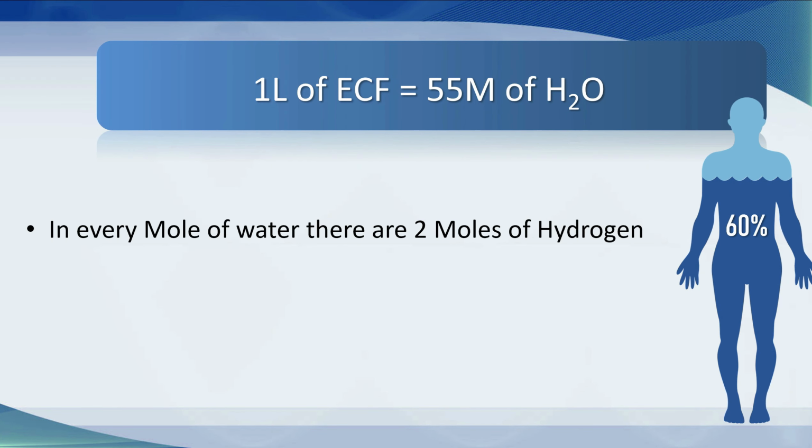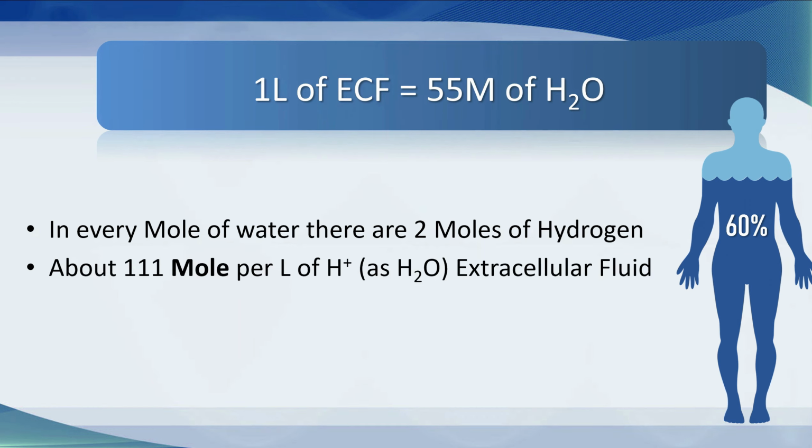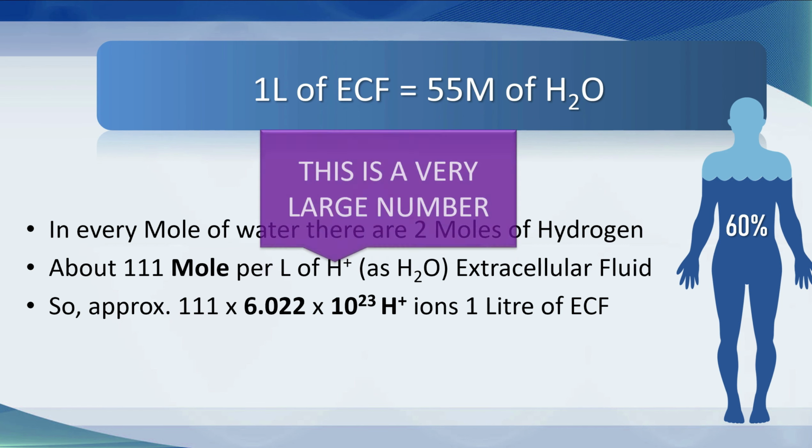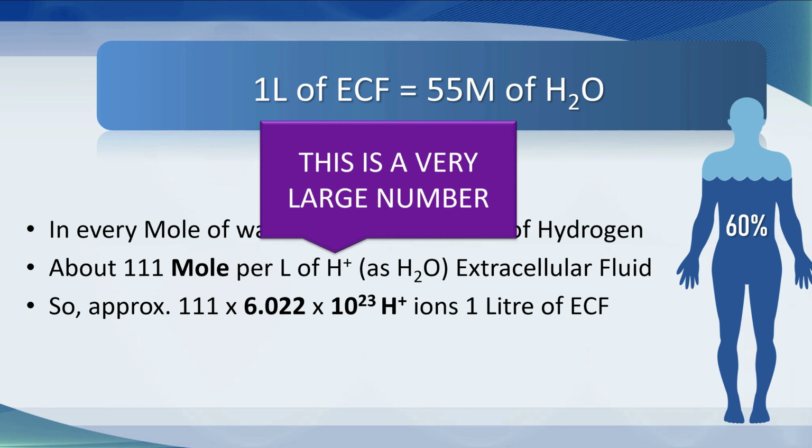In every mole of water, there are 2 moles of hydrogen. That means there are 111 moles of hydrogen ions as water in extracellular fluid. So there is approximately 111 times 6 times 10 to the power of 23 hydrogen ions in 1 liter of extracellular fluid, and this is a very large number.